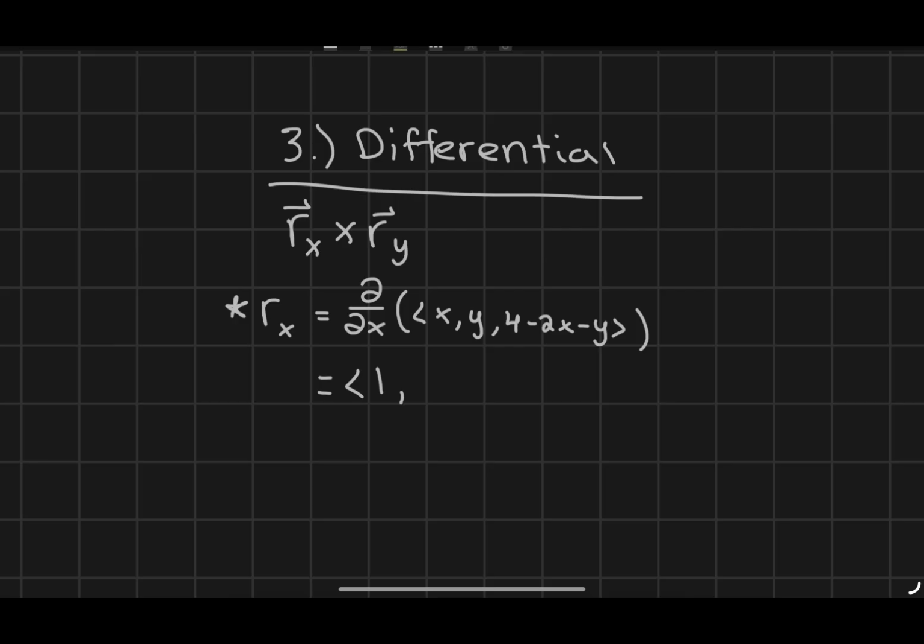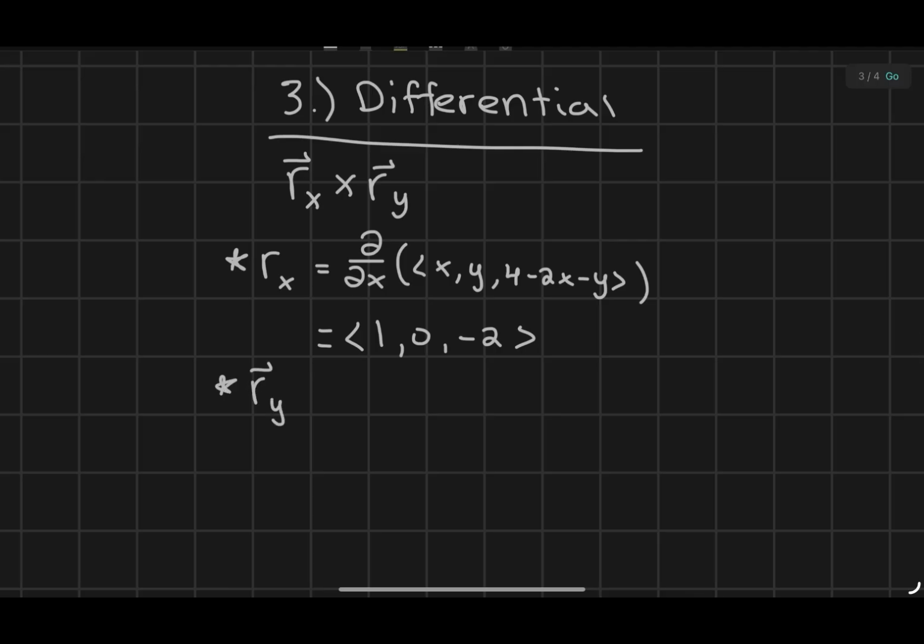Our y component is the partial of y with respect to x, that's going to be 0. And then our z component is the partial of 4 minus 2x minus y with respect to x. That is going to be -2. That 4 is treated as a constant, that -2x is what we solved for, and then this -y is treated as a constant as well.